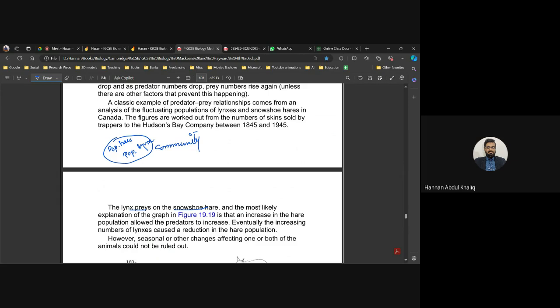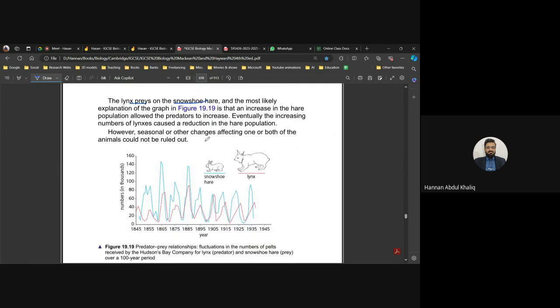So let's study the rabbit and lynx as separate populations, not as existing in a community. We are right now talking about both populations separately. See, in a predator-prey relationship, the blue one is referring to snowshoe hare and the lynx is represented by the red one.